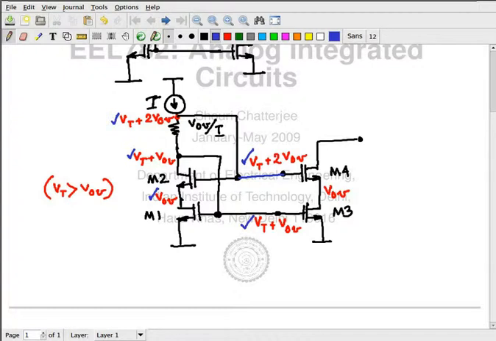Okay. So Nallam says that why, okay, if this is what you want, why don't we do this? Vt by I. Right? This is your question. Only problem here is that Vt is, what is the value of Vt? 0.65.